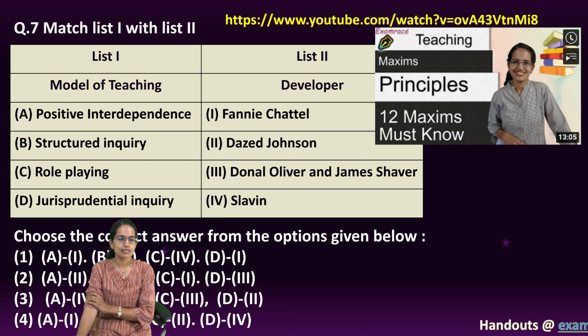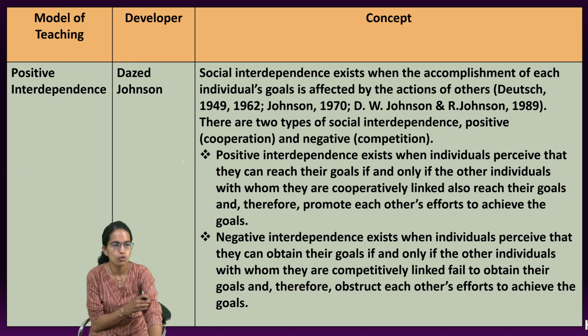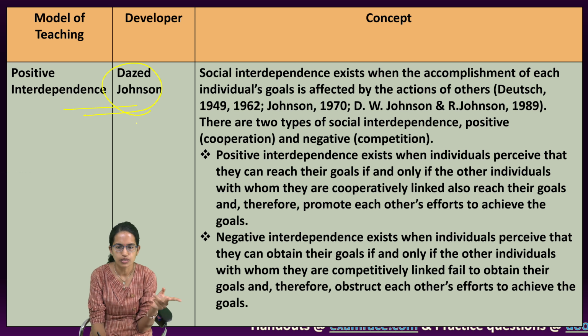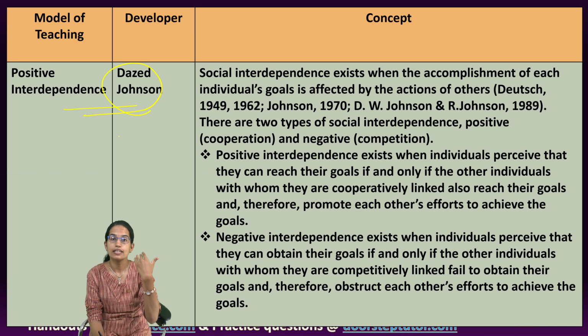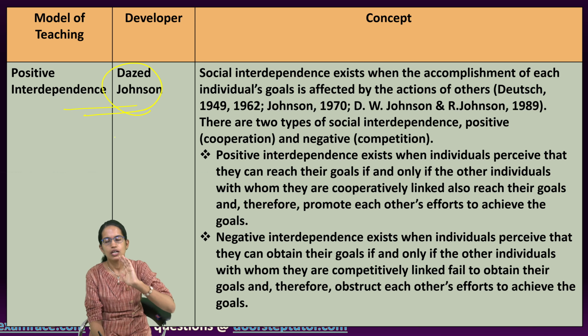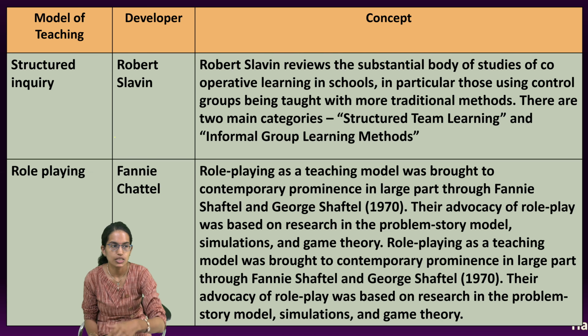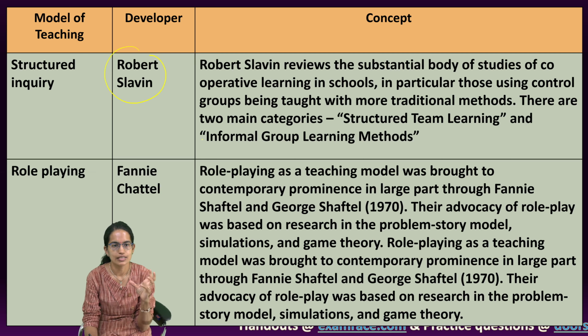The next is match the list. Now, who gave which concept is important. So if we go to the concept positive interdependence given by Johnson, it could be positive or negative. So positive is where individuals think that they can reach their goal if they are cooperatively linked with others. So promoting each other's effort is important. Structured inquiry, the concept given by Slavin, which talks about understanding the team learning, the informal group learning methods.